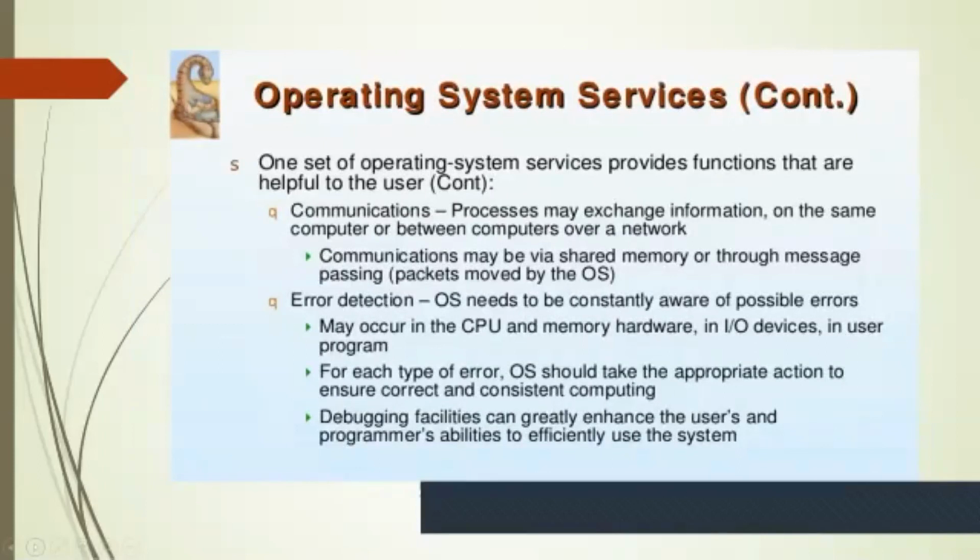Communications: processes may exchange information on the same computer or between computers over a network. Communications may be via shared memory or through message passing, like packets moved by the operating system.